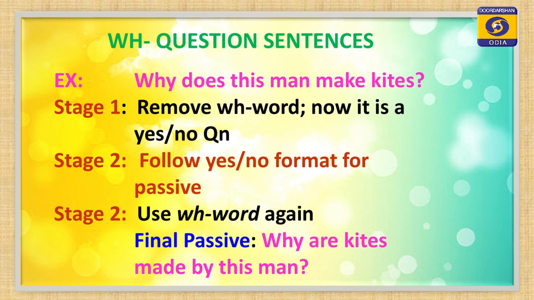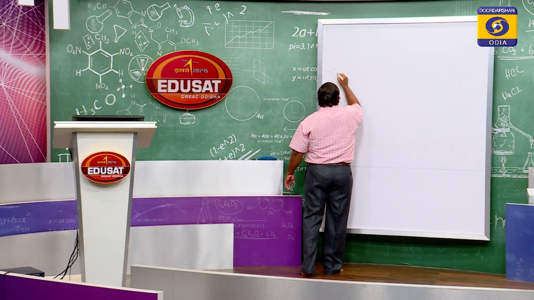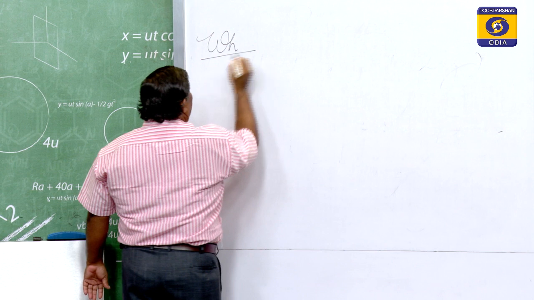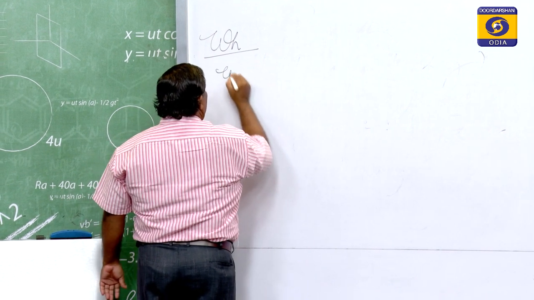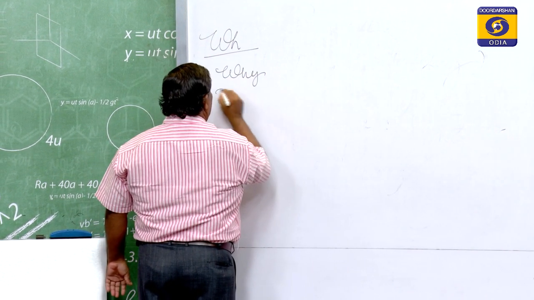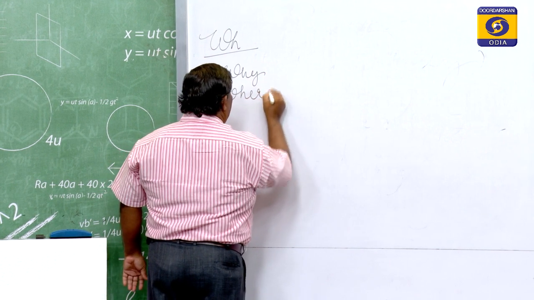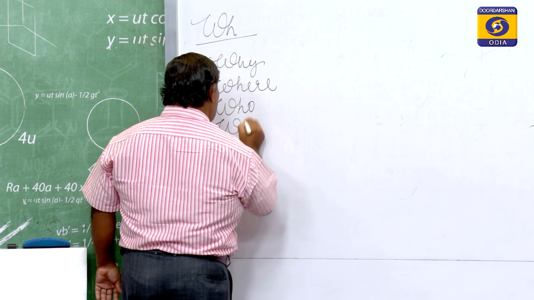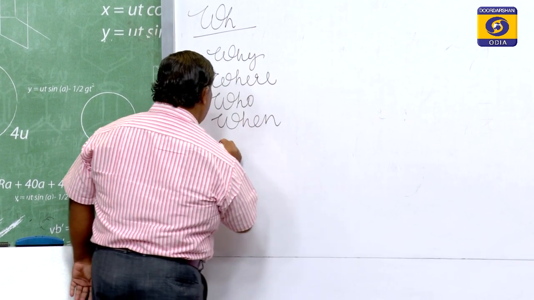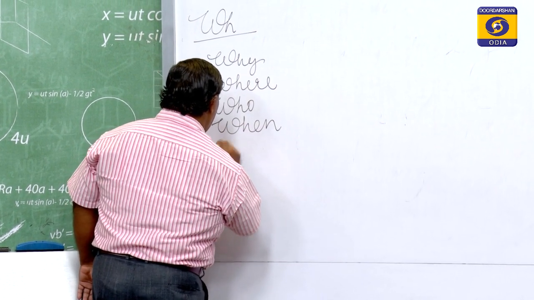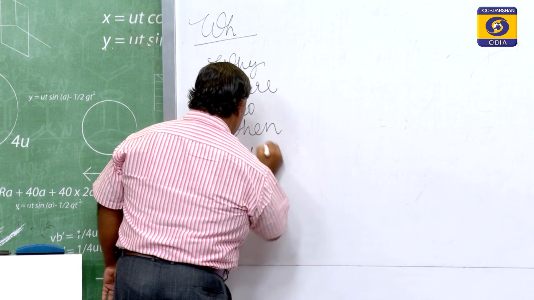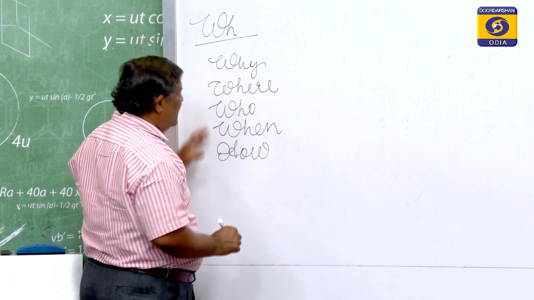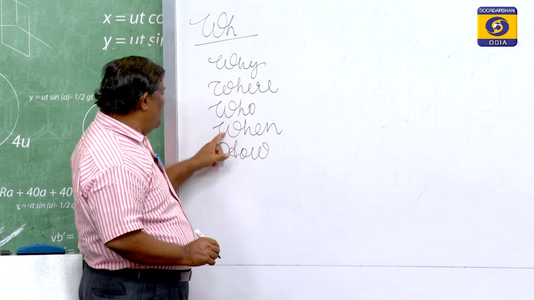information words. Such words, WH words, are also called information words. WH words are why, where, who, when, how, etc. These are called WH because they start with WH.